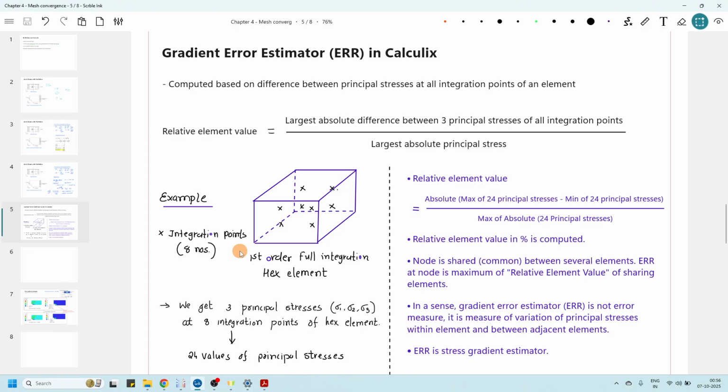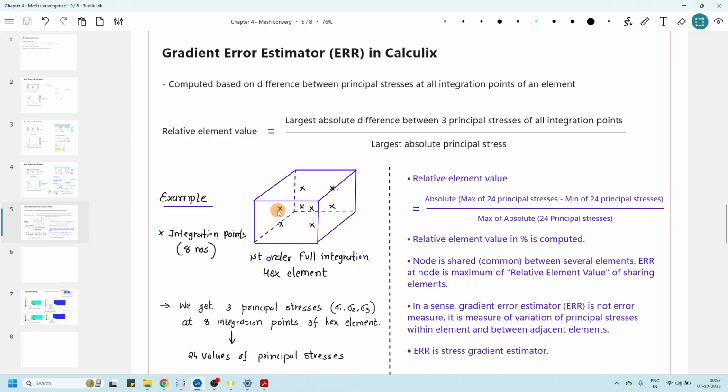So they are more accurate at integration points, while we get the results at the nodes for post-processing purpose, which are basically extrapolated and averaged value from the integration points. For contour output and visualization purpose, the softwares show the results at nodes, but basically the more accurate values are at integration points.